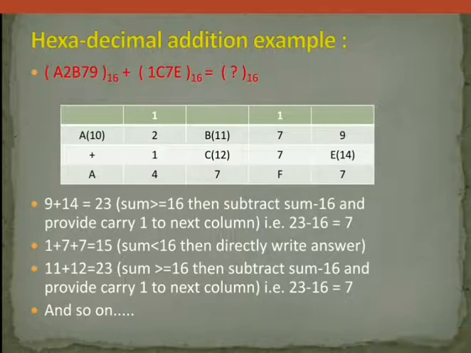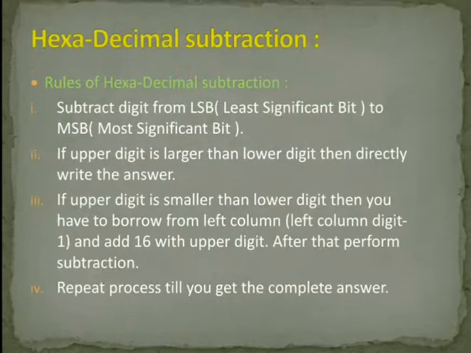Addition is easy one. Just we have to remember, whenever our answer is greater than or equals to 16, we have to subtract value, that is 16, from our answer, and we have to place one carry to our next column. Just remember that. And now subtraction rules. Again it is similar to octal one.